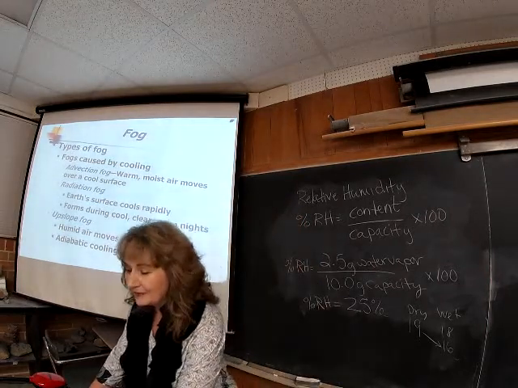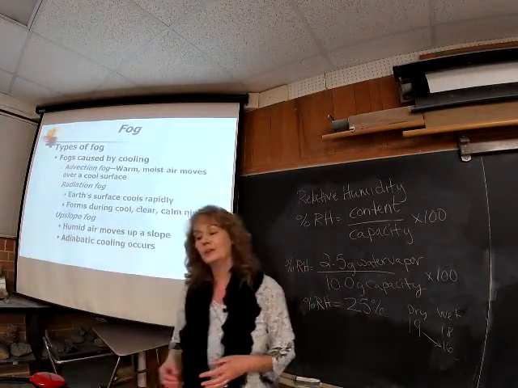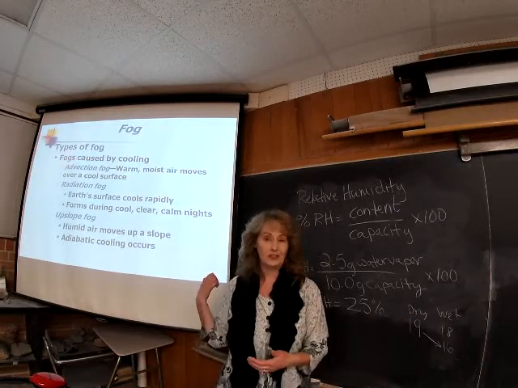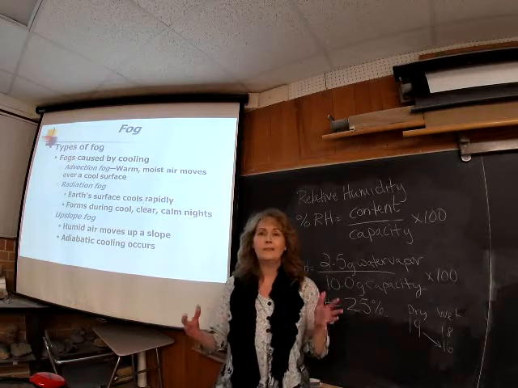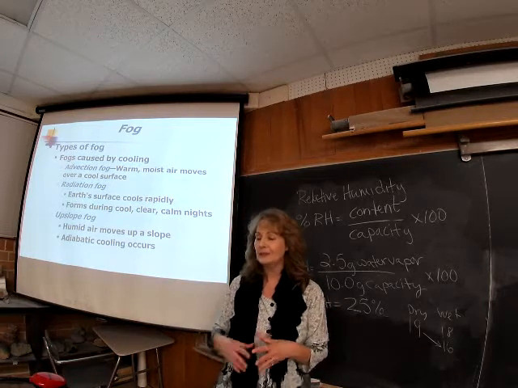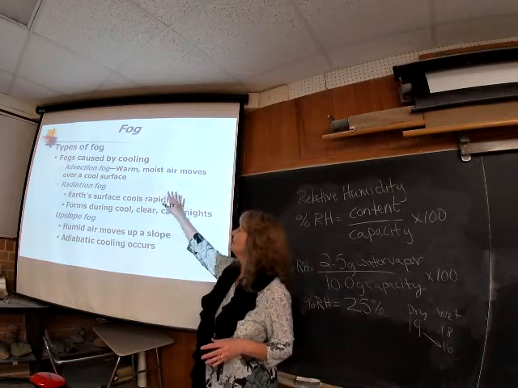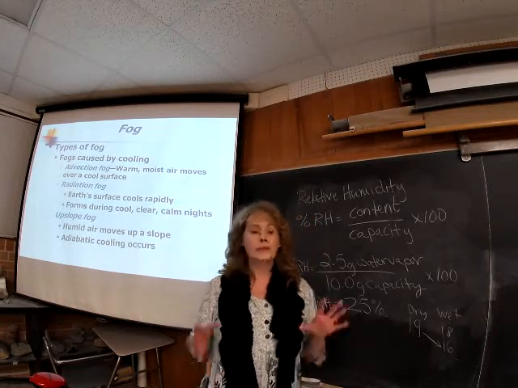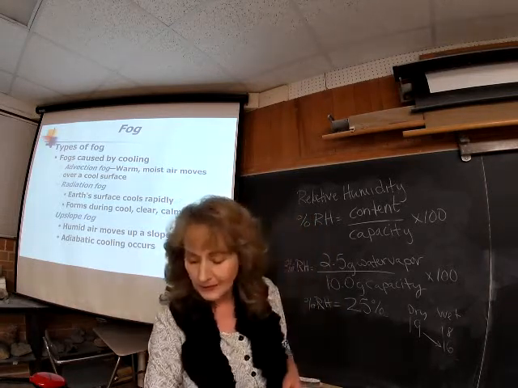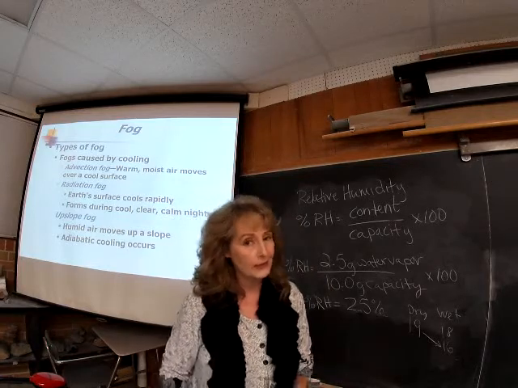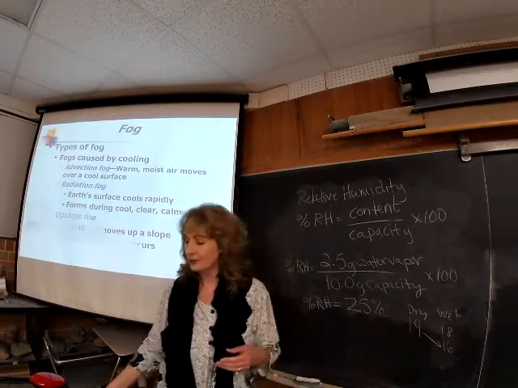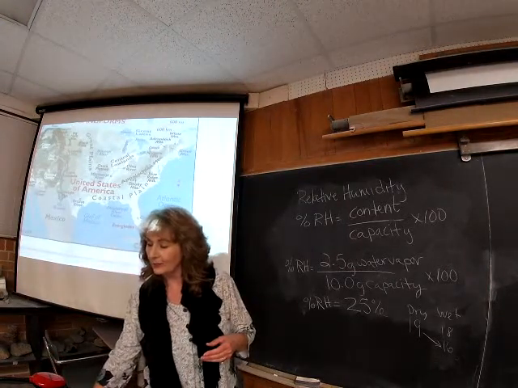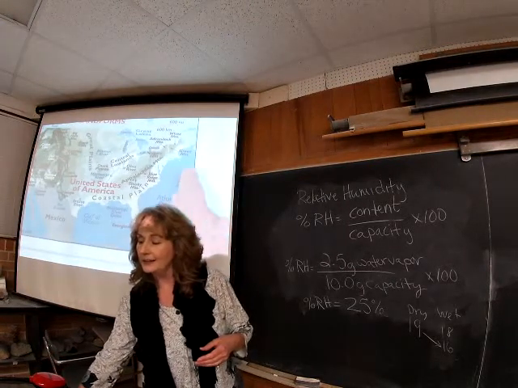And so the types of fogs, we've got here fogs caused by cooling, advection fog. We have some famous advection fog, where warm, moist air moves over a cool surface. I know we've talked about the Gulf Stream before when we talked about our ocean currents. The Gulf Stream, starting out off over here, wending its way up in the Atlantic Ocean.